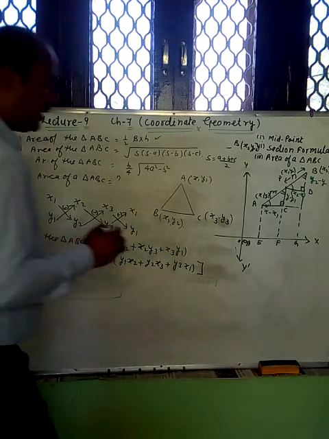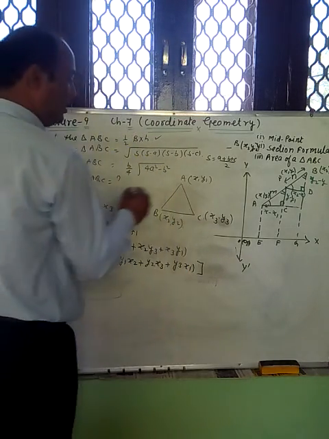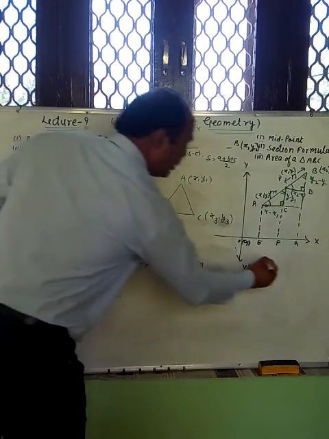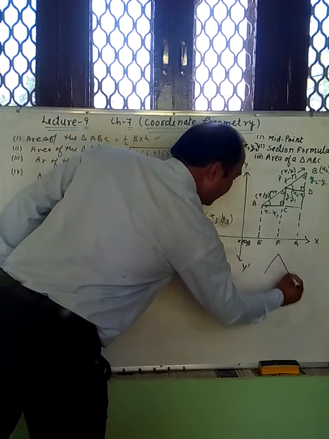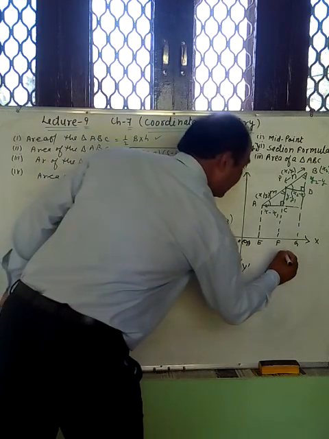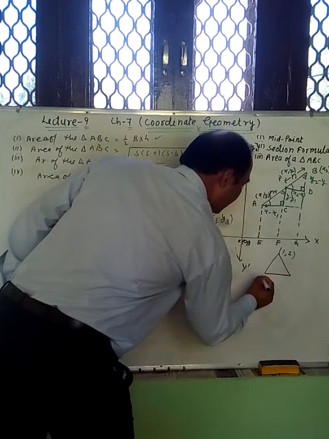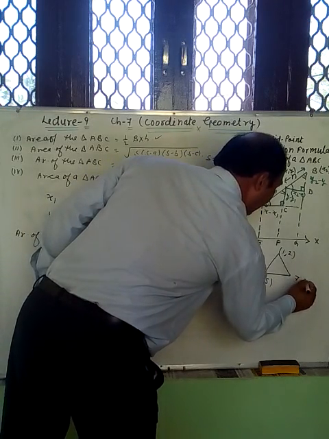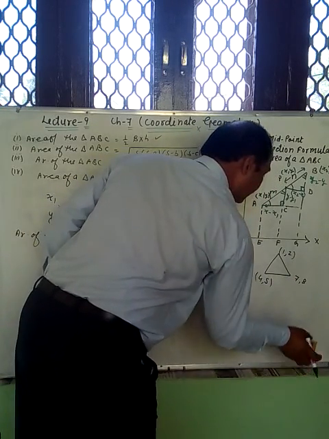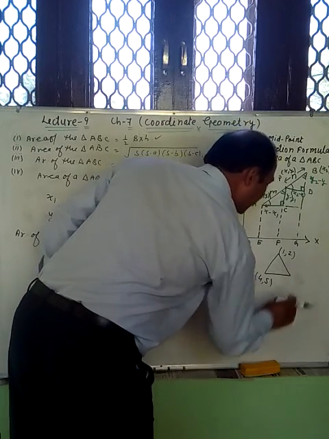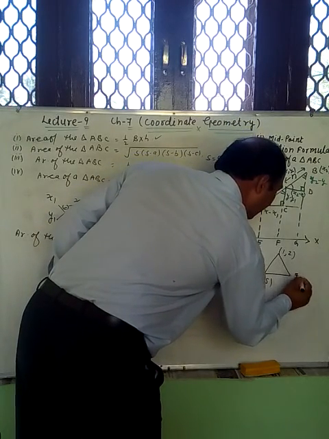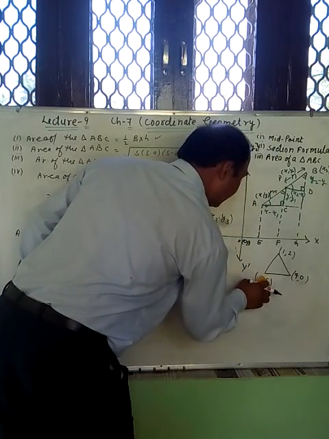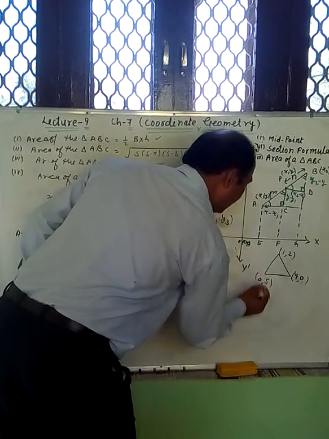One example we can take here. For example, we take another triangle whose coordinates are 1 comma 2, here 7 comma 0, and here 0 comma 5.